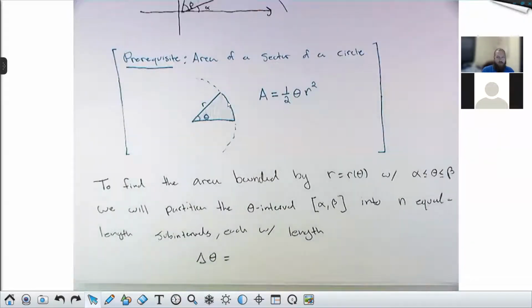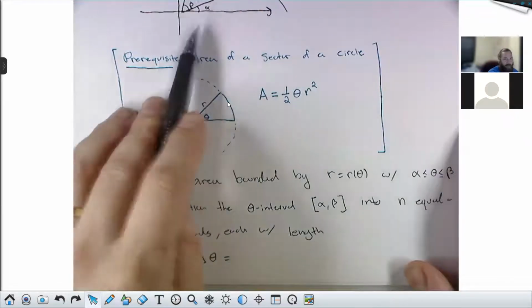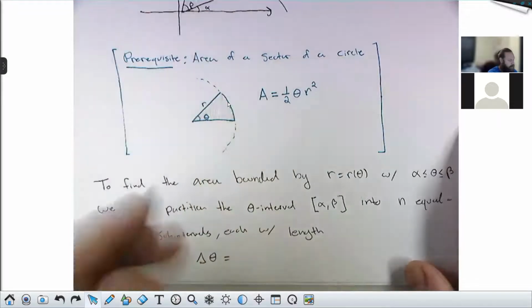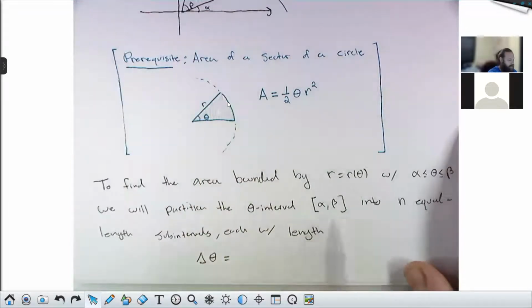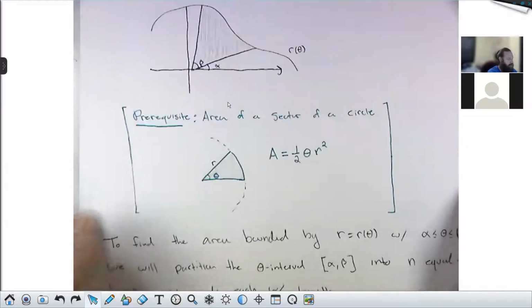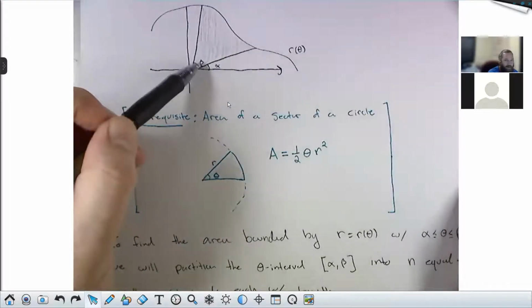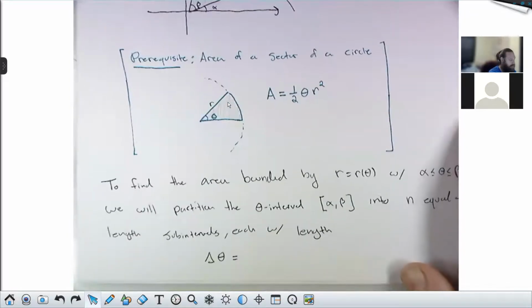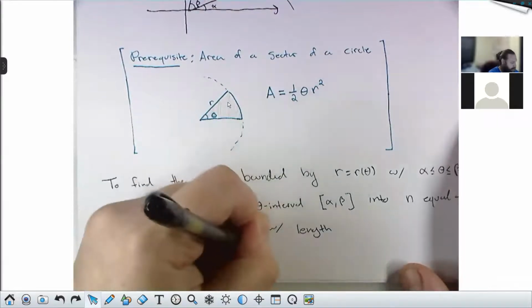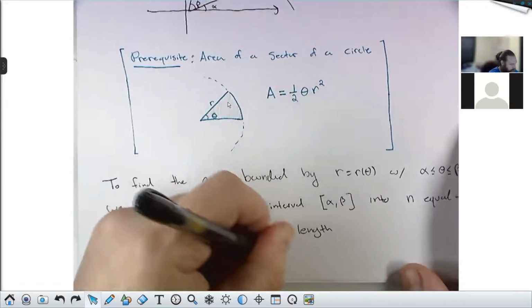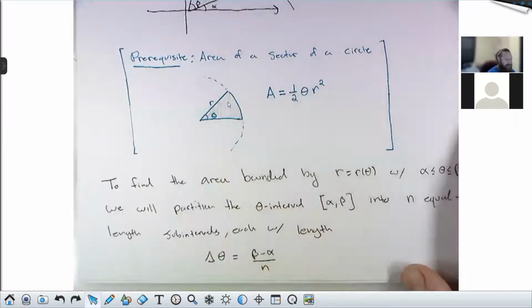So very similar to what we do with a regular Riemann sum, only here the interval alpha to beta is an interval of angles. We're going to chop this up into n equal length subintervals, so like n little tiny angles in here. And because they need to be of equal length, that length is going to be beta minus alpha over n.